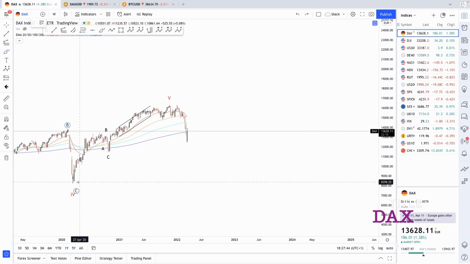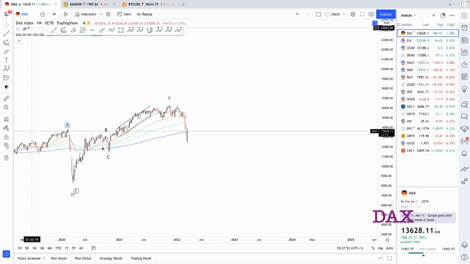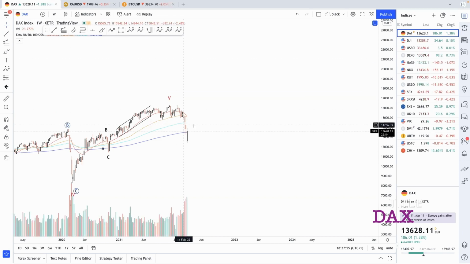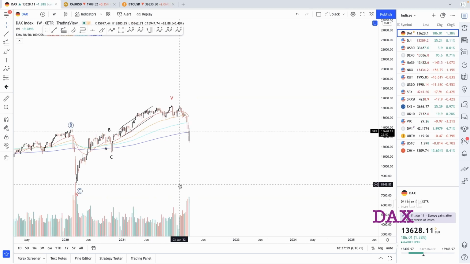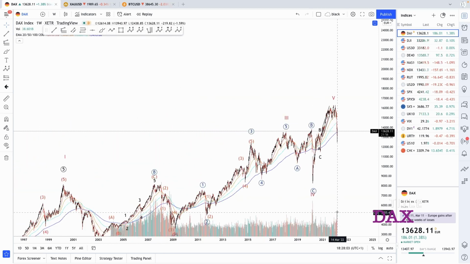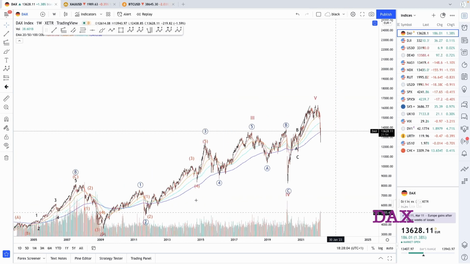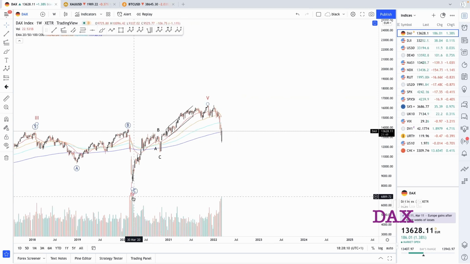I don't think we have volume profile on this. Oh, we do. It's here. It's very strange. But we see quite an effort was made. That's some big volume, isn't it?